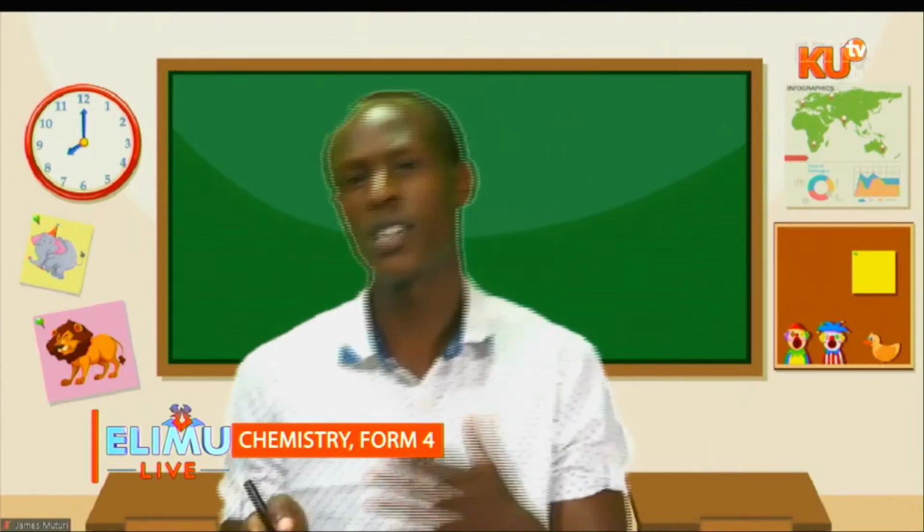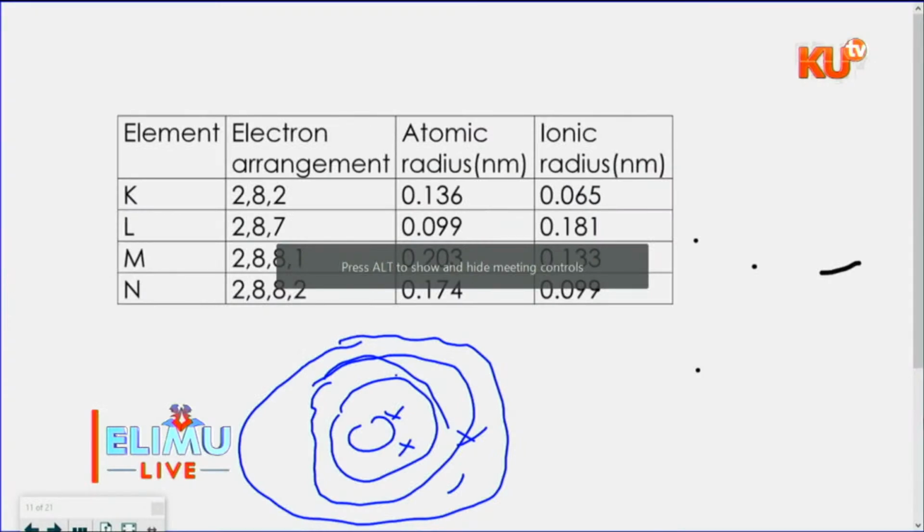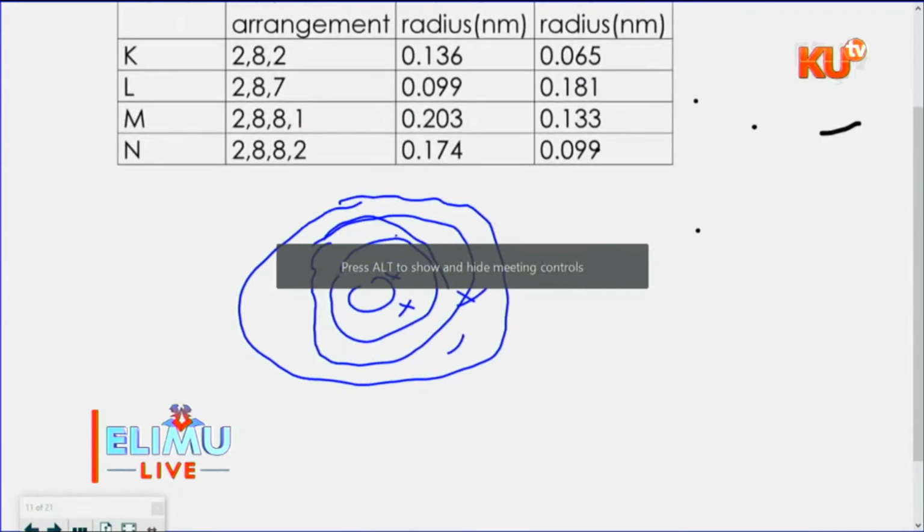So if it loses electrons, automatically it will lose the outermost energy level. And when it loses the outermost energy level, the ionic radius decreases. So that's why the ionic radius will be smaller than atomic radius, because it forms ions by losing electrons. So that's the answer which you're supposed to state.